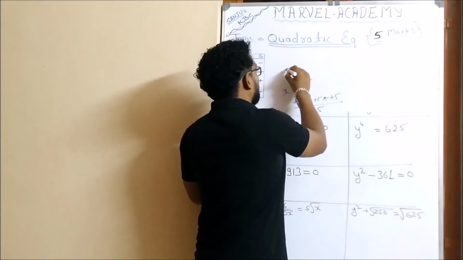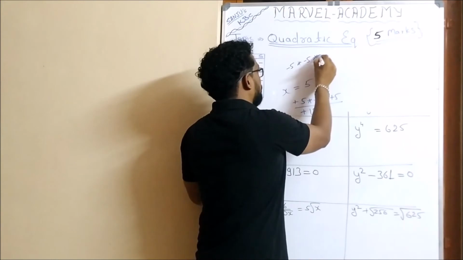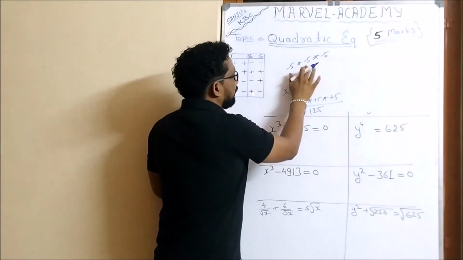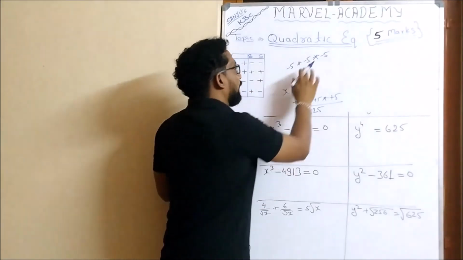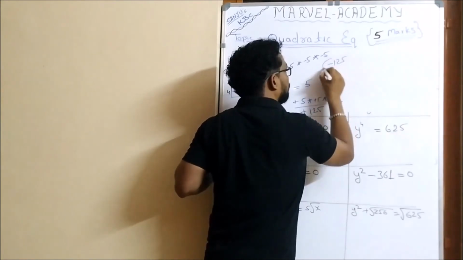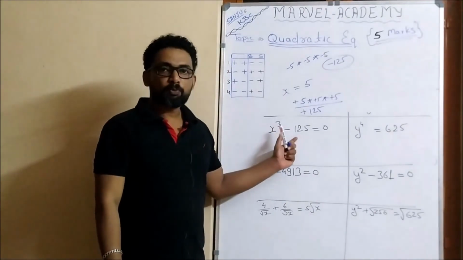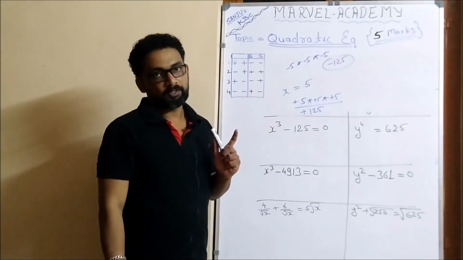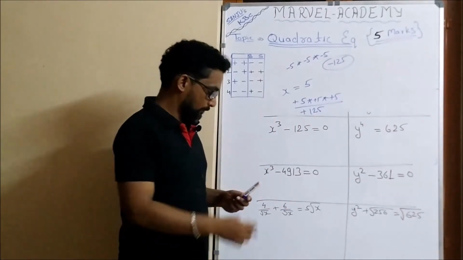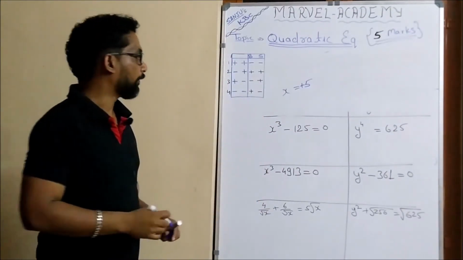But if I take negative 5 into negative 5 into negative 5, negative times negative becomes positive, and positive times negative becomes negative. So my result will be minus 125. So remember one thing, when your value is positive, you will get a positive factor. When your value is negative, you will get a negative factor. So you got x equals positive 5.